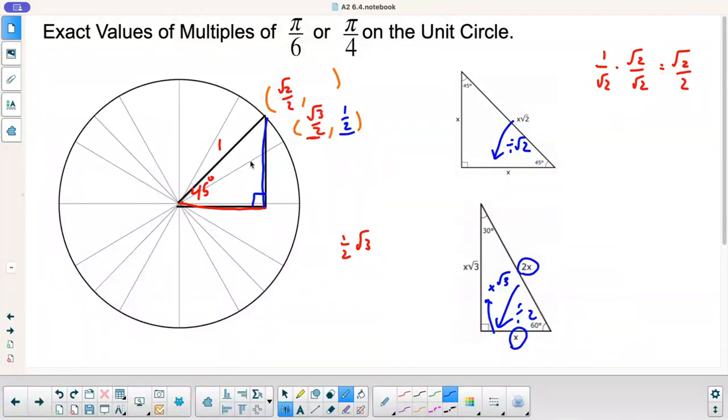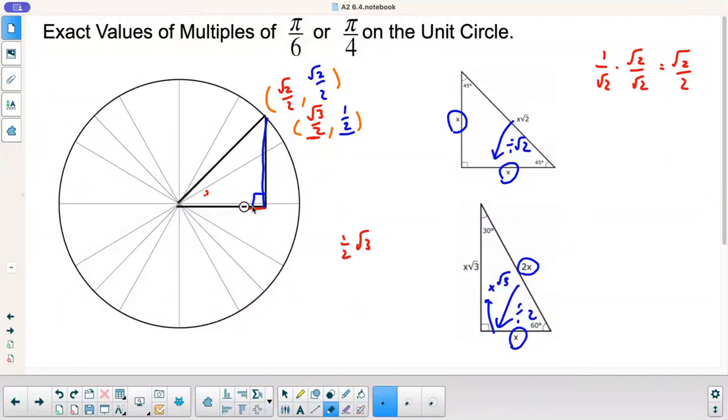And then the y coordinate is going to be the same, because if you look here, it's x and x. It's an isosceles triangle, so I don't really need to do any work there. I can just plug that in because I know it's the same. All right, so let's go over here to the last one.